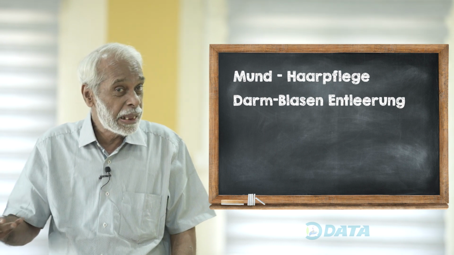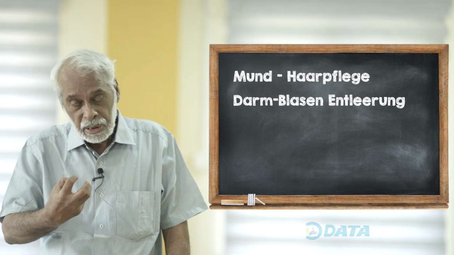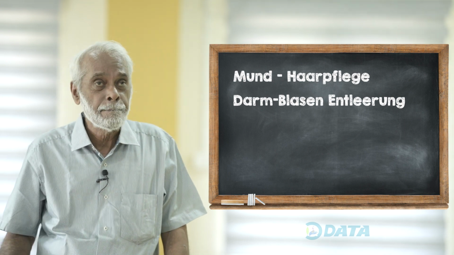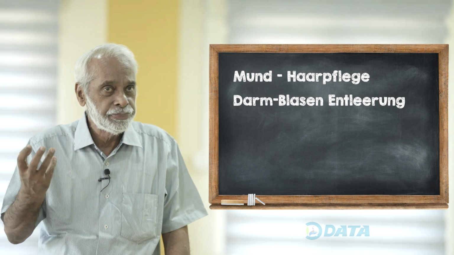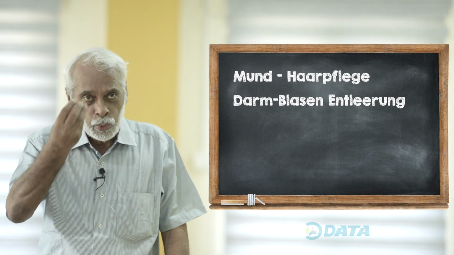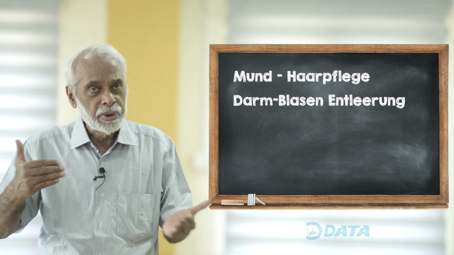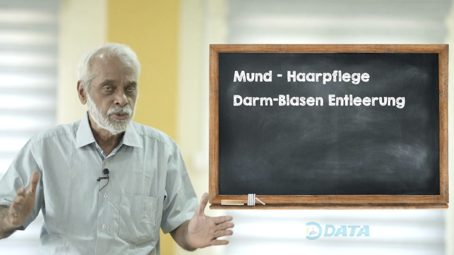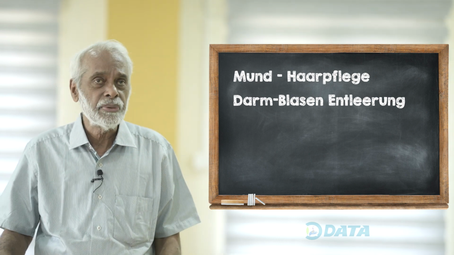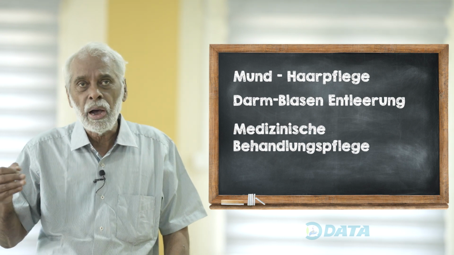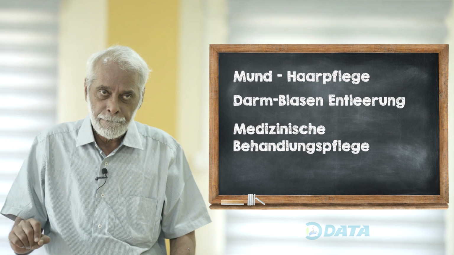Darmblasen Entleerung. Entleerung is making something clean, to empty. Darm is your intestine. Blasen is urinary tract. That means the patient should be taken to the toilet in proper time so that his stomach is clean. And then besides that, medizinische Behandlungspflege, medical attention.